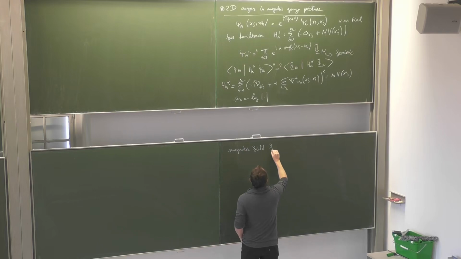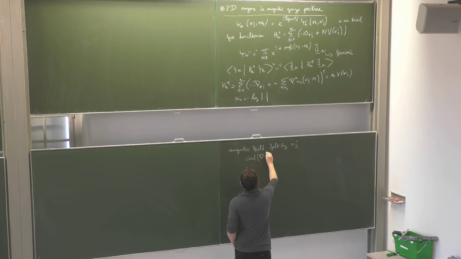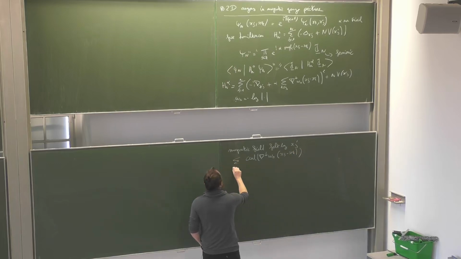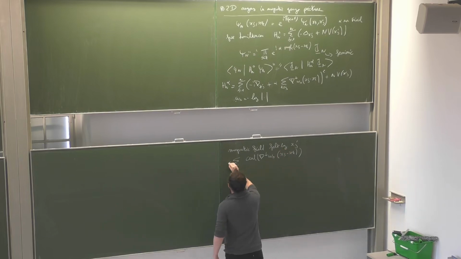well, the one felt by particle j, at xj, is the curl of this guy. So it's curl grad perp w0 of xj minus xk, summed over all k not equal to j. And then there's the alpha in front.